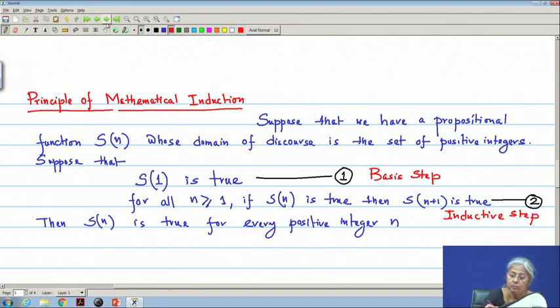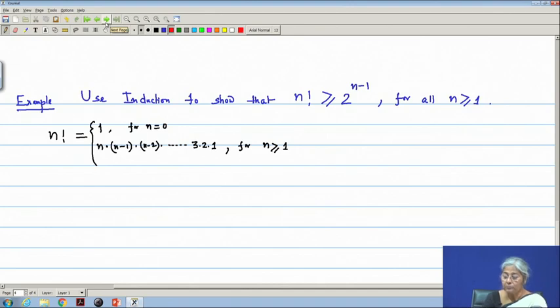First we have to see whether our basis step is true or not, because in the principle of mathematical induction we have assumed that S1 is true.